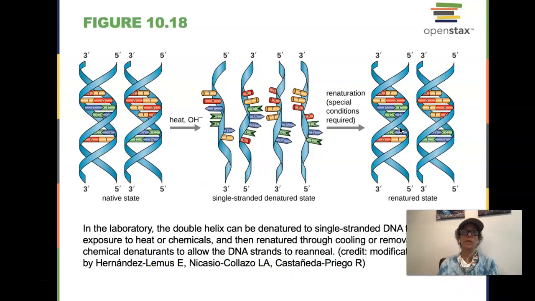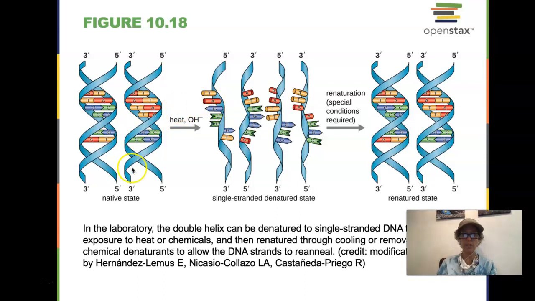We are going to be spending another chapter looking at how DNA actually gets copied. But this image shows in our native state, we've got 2 different strands of DNA. We can denature it, make it lose its nature by exposure to high heat. That will break those hydrogen bonds between the strands.